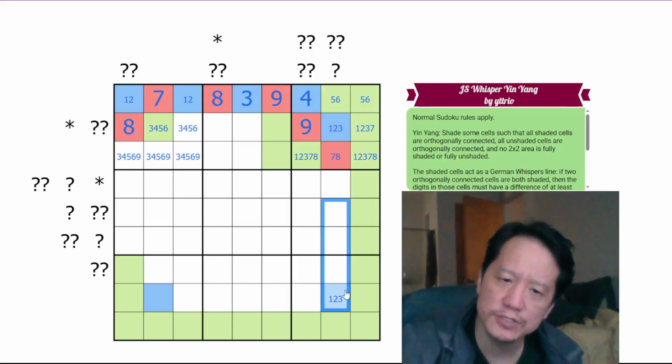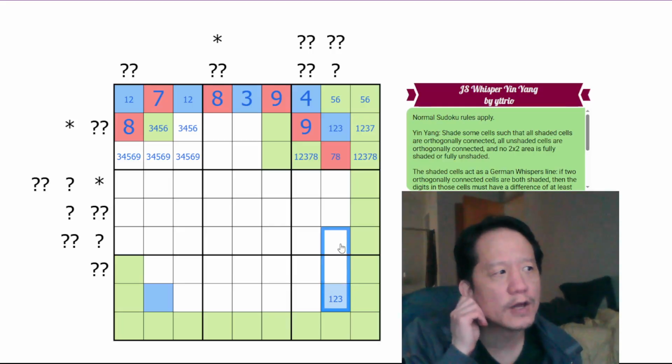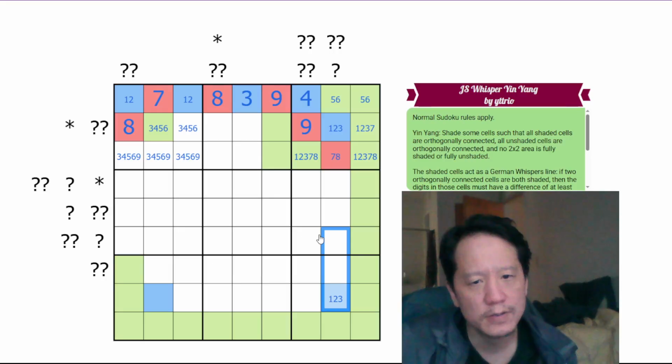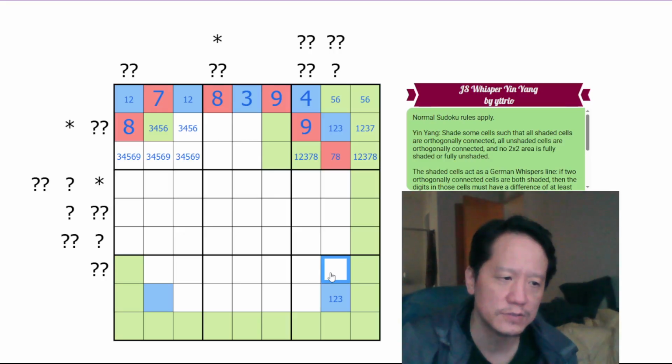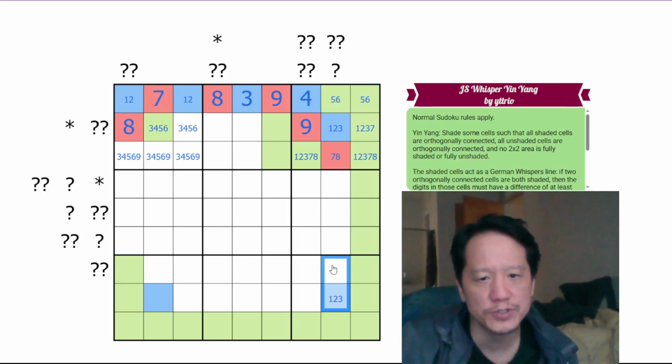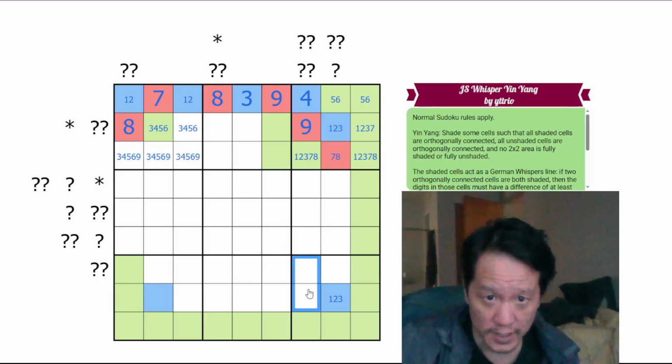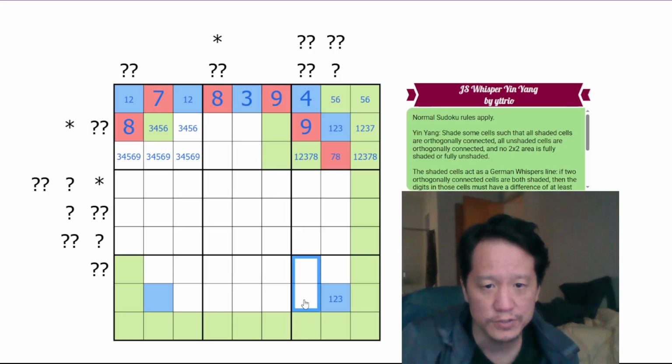Can you have 3 digits going this way? I don't think so, actually, thinking about it. You have to have 2 lows, which is 1 and 2, and then you would have to have a high digit, which would be 7 at minimum. 1, 2, and 7 add up to a 2-digit number. So it's 2 at most going this way, and then it turns here. So either it goes this way and turns, because it has to have 2 digits at least in the shaded regions, or it goes these two and then turns that way.